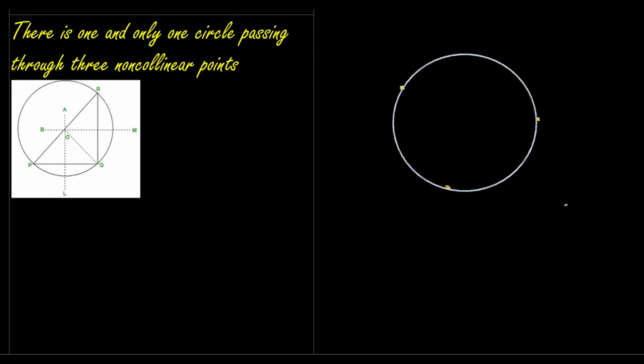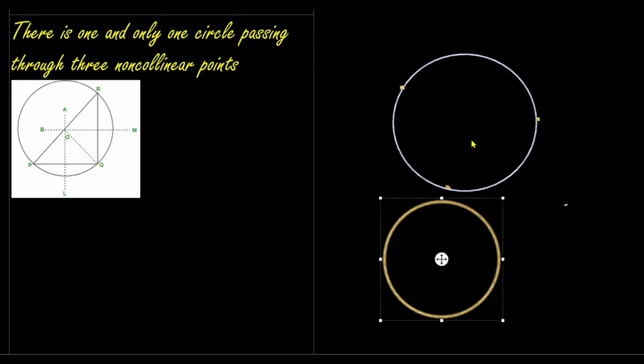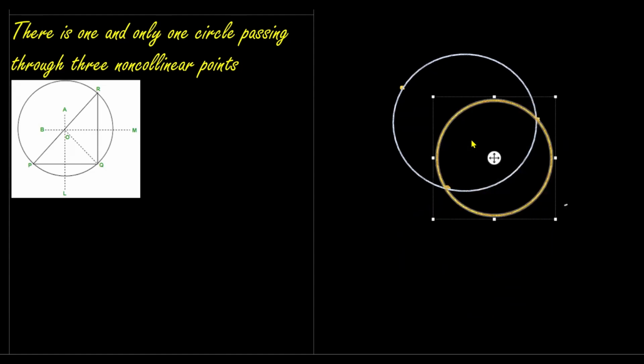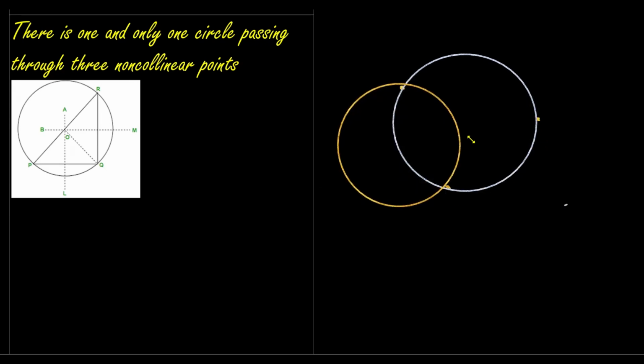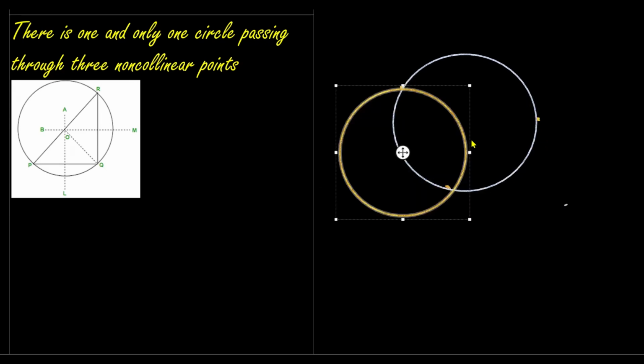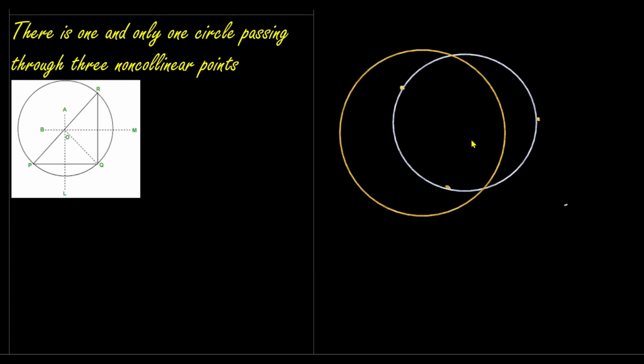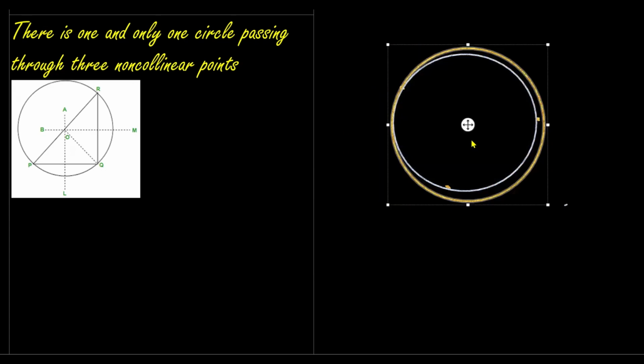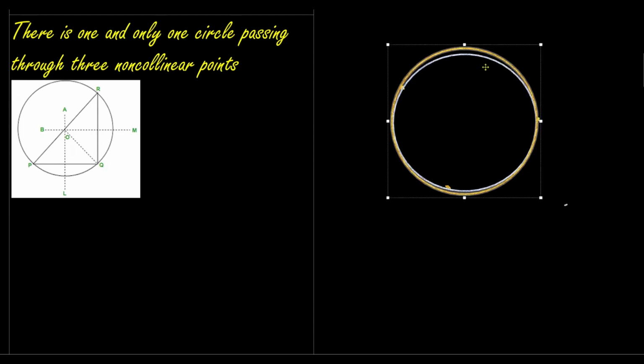If you try making another circle, whatever the radius, so that it passes through all 3 points, then these two circles will coincide. That means they will be nothing but a congruent circle. So we'll say that only one and only one circle can be drawn through three non-collinear points.